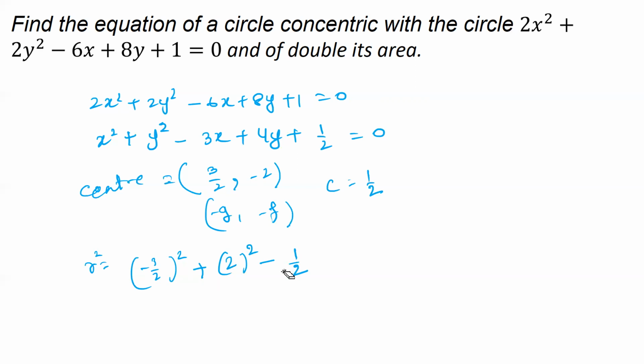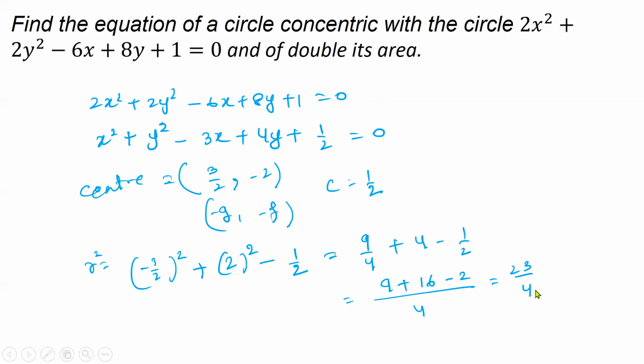So g square plus f square minus c, we need to simplify this to get 9 by 4 plus 4 minus half. And then I take 4 as the LCM. So 9 plus 16 minus 2 gives me 16 plus 9 is 25, minus 2 is 23 by 4.